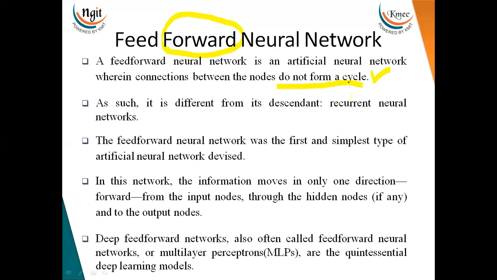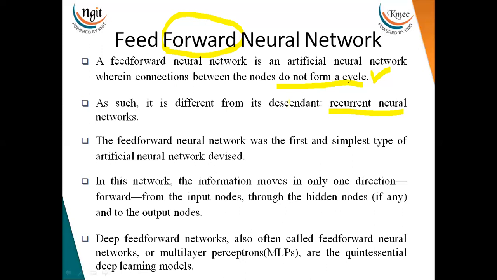Such a cycle is formed in a type of neural network called a recurrent neural network. So the feed forward neural network is one type of neural network, and the recurrent neural network is another type. What is the difference between those? A feed forward neural network does not contain any cycle, while a recurrent neural network contains a cycle.